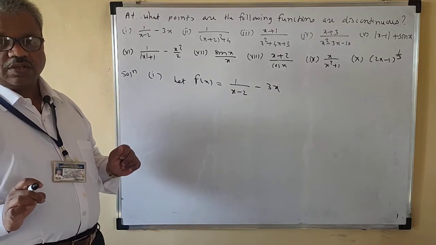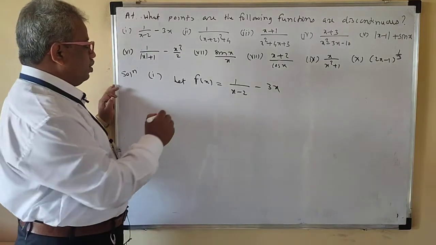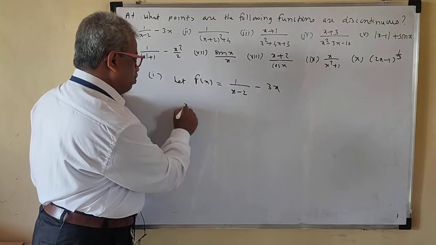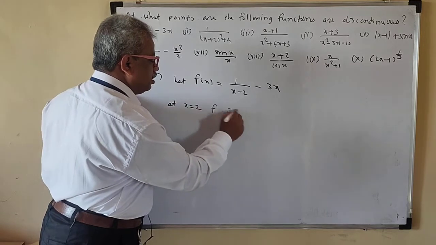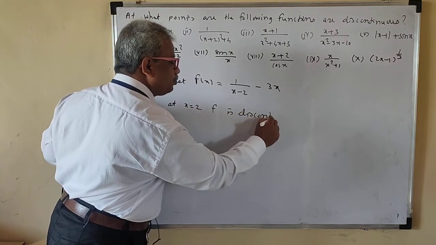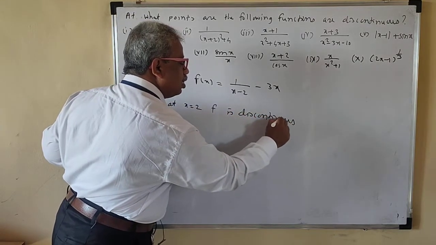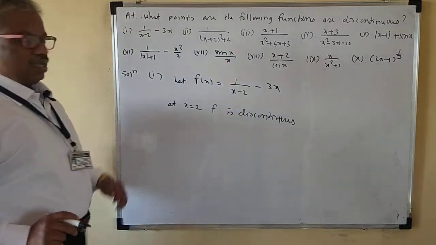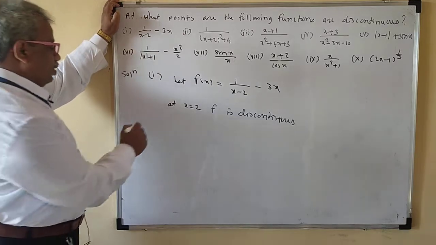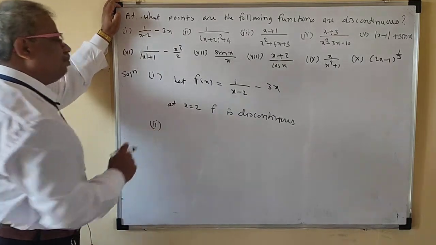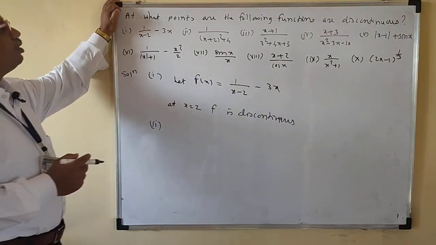That means at x is equal to 2, f is discontinuous. So this is the discontinuity of f of x. Very simple. There is no hard and fast rule for this one.